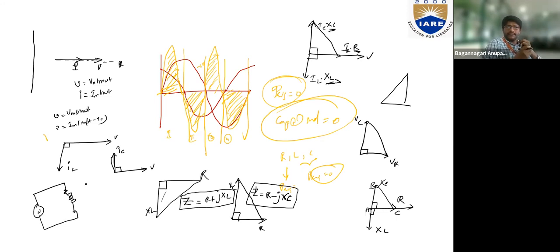So definitely there will be some internal resistance. If it is not a pure inductor, what will be the value of the lagging current? It will not be purely 90 degrees; it may lie somewhere between 0 and 90.